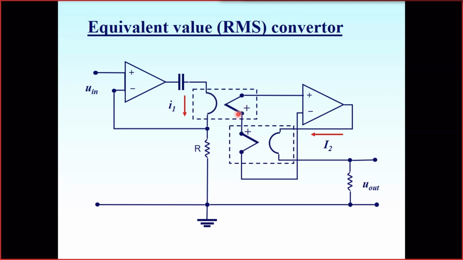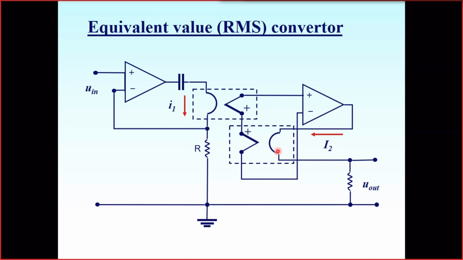And finally, considering all the mathematics, we find that the current which appears here, instead of AC, will be a DC current. It will be equal to the current which appears here, otherwise we will not get the system into balance.